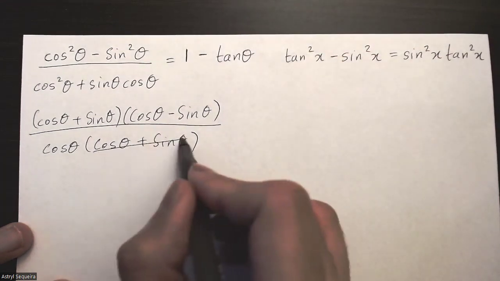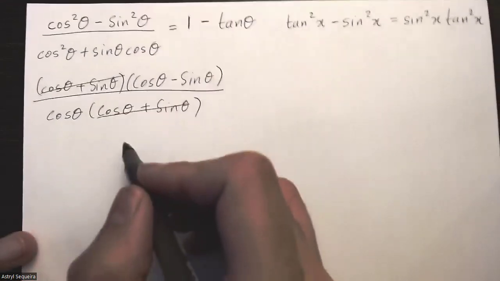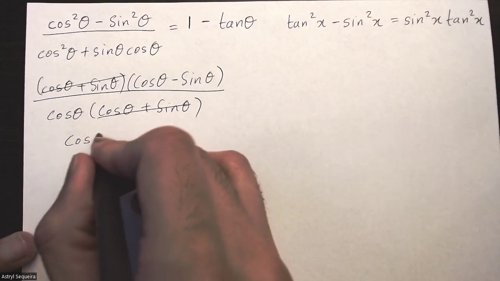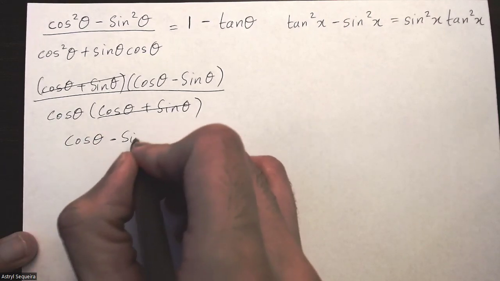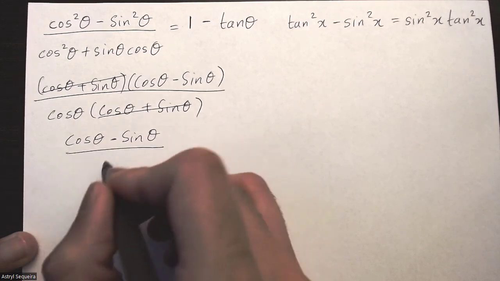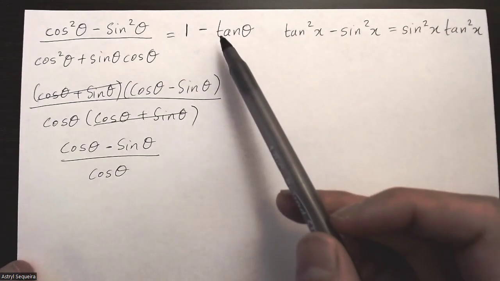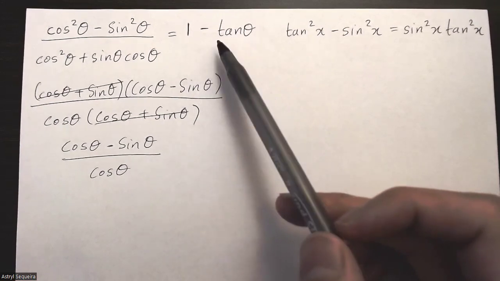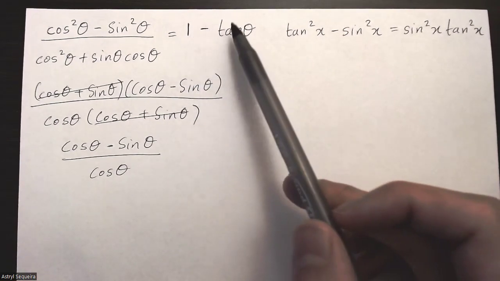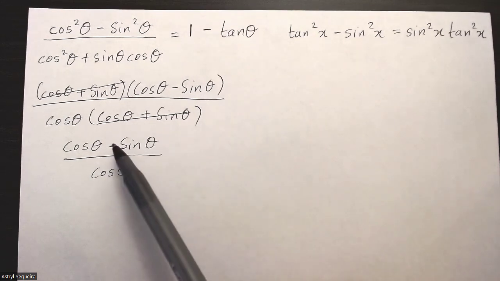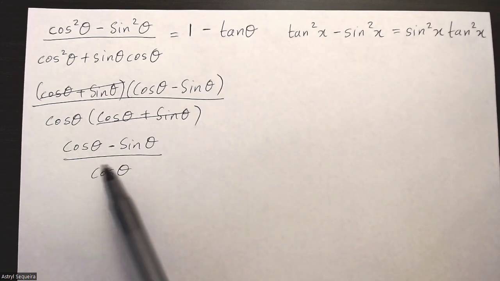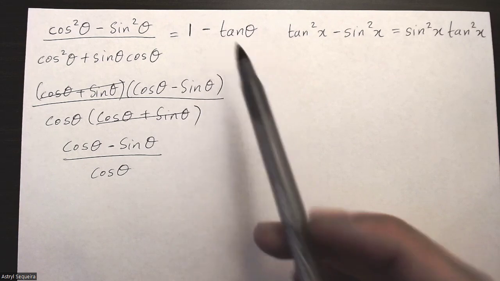Next, I can just cancel cos theta plus sine theta. So I'm just left with cos theta minus sine theta divided by cos theta. If I compare this to the other side, there's no denominator on the other side, and there's a 1 here and a tan theta here, same sign. So I know if I split my denominator, I'll probably get that same solution.